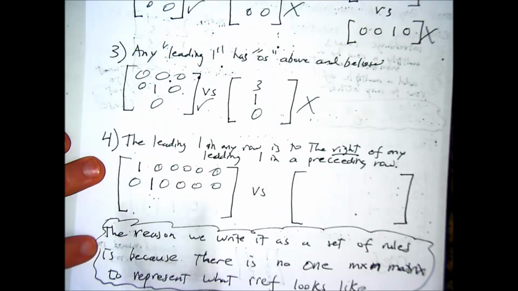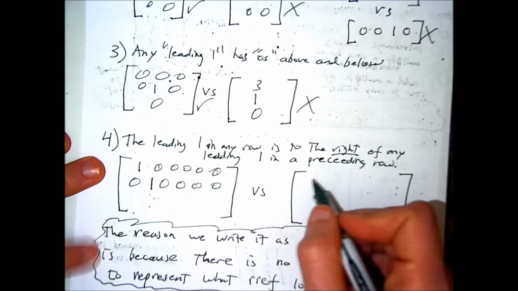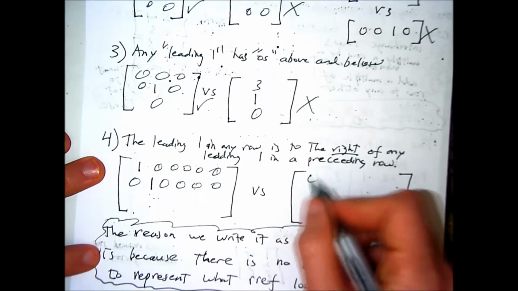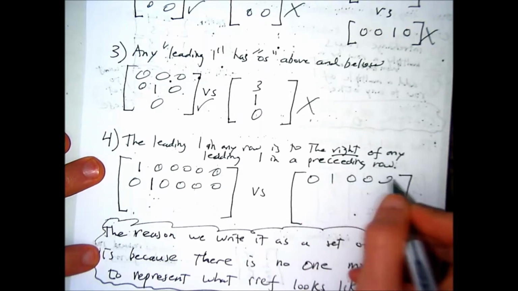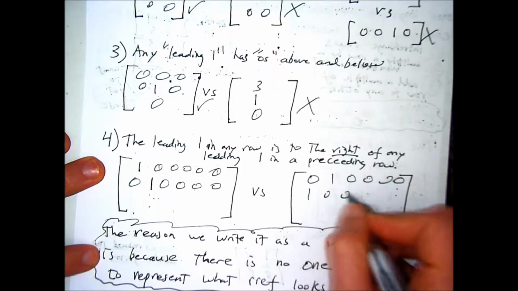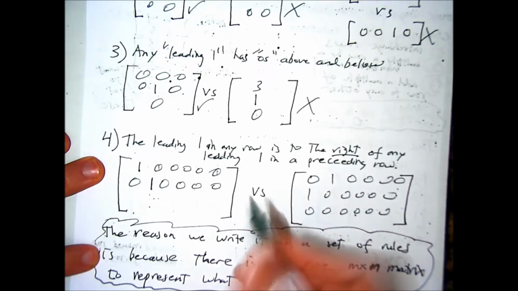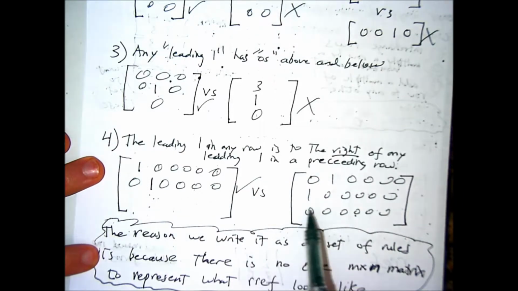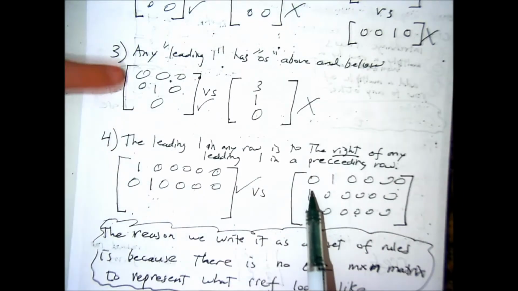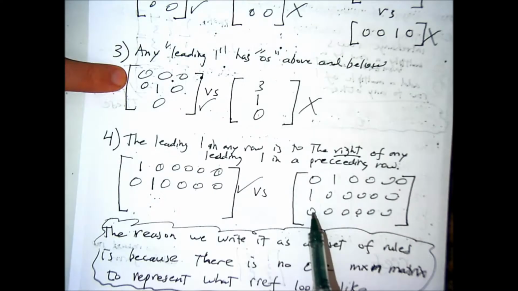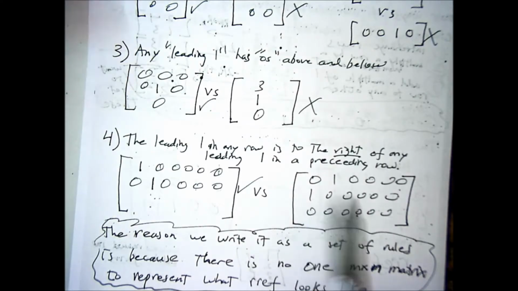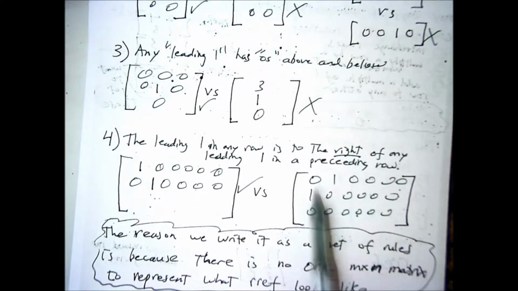So this is potentially in reduced row echelon form, but this, let's say I have a 0, 1, 0, 0, 0, 0, 1, 0, 0, 0, 0, 0, 0, 0, 0, 0, whatever. This could not be in reduced row echelon form because of this rule. See, I have zeros above and below. The leftmost non-zero element is a 1.